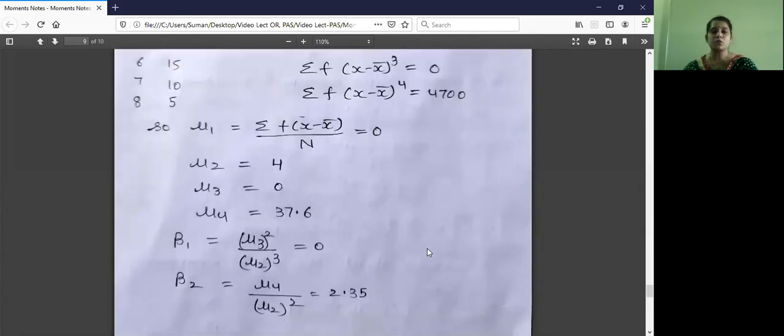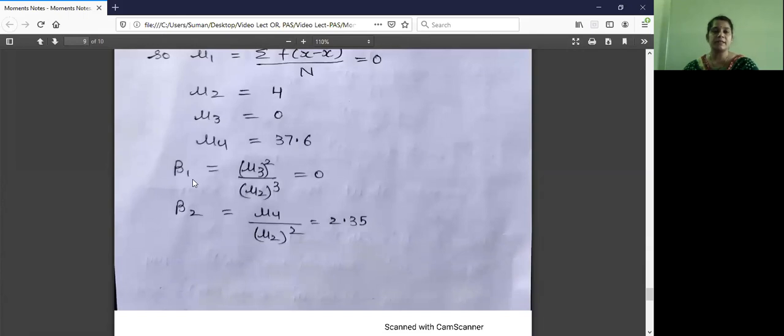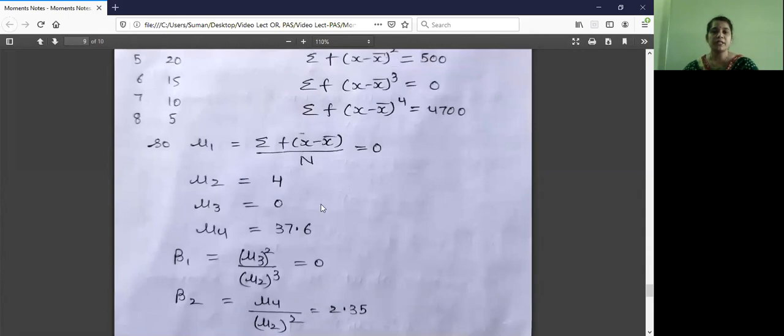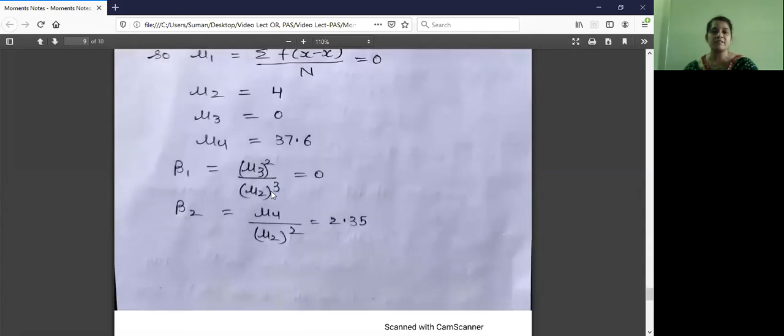Next we find beta 1 and beta 2. The formula of beta 1 is mu 3 squared divided by mu 2 cubed. Mu 3 squared is 0, so we get the value 0.